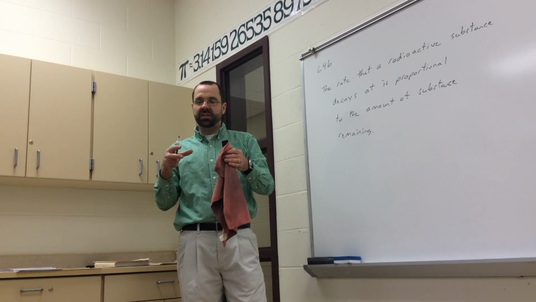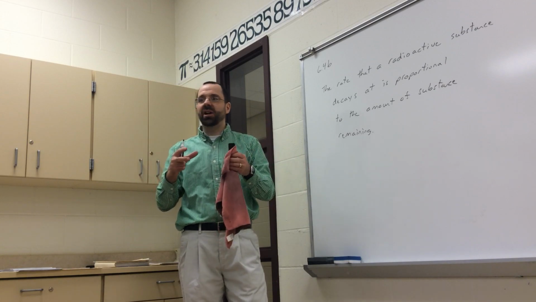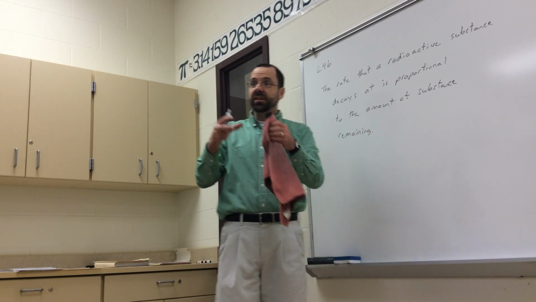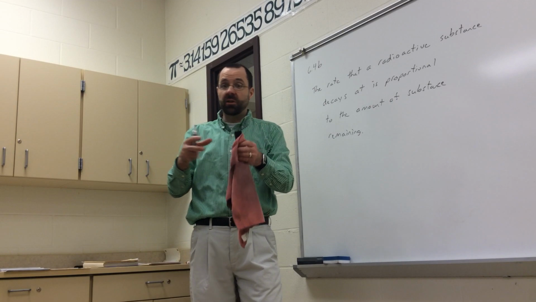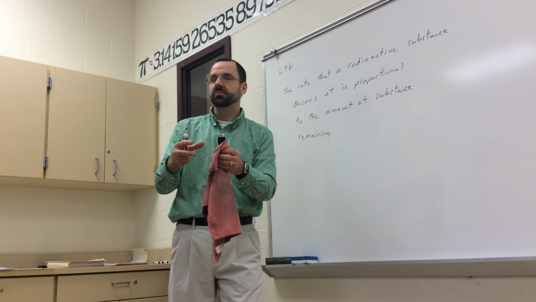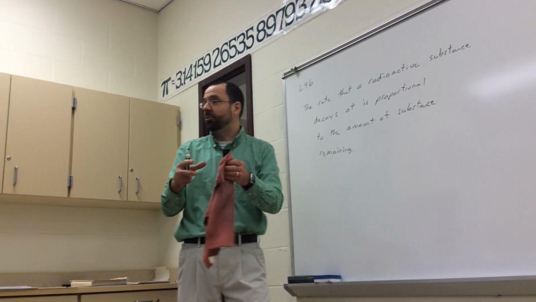And then what happens is particles shoot out into the air from it. That's why it's dangerous, because the particles go through your body and cause problems. But anyway, a radioactive substance shoots particles out into the air. And then after a while, there's less of the substance sitting there. So maybe there used to be 20 grams, and now there's only 18 grams.